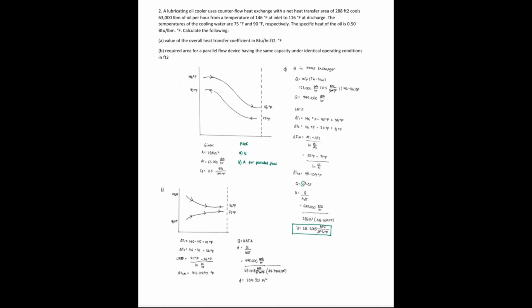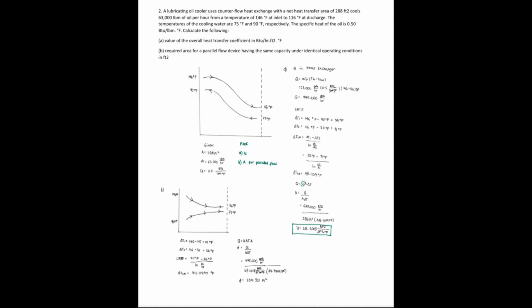So substitute the value 63,000 pound mass per hour multiplied by 0.5 BTU per pound mass degree Fahrenheit multiplied by 146 degree Fahrenheit minus 116 degree Fahrenheit. So ang makukuha nating overall heat in heat exchanger is 945,000 BTU per hour.